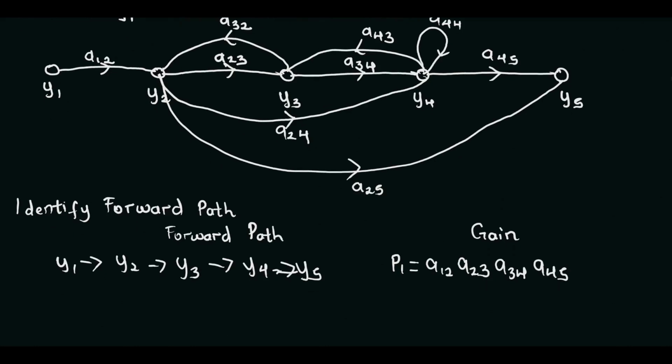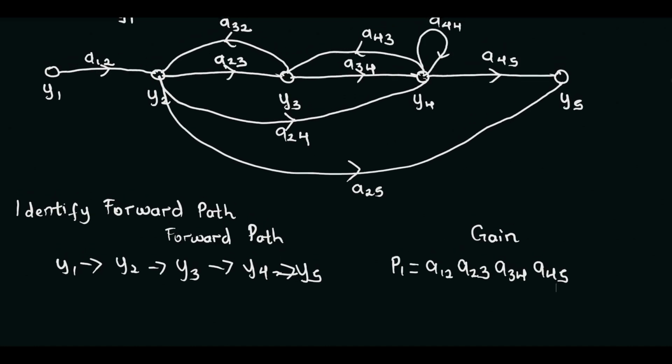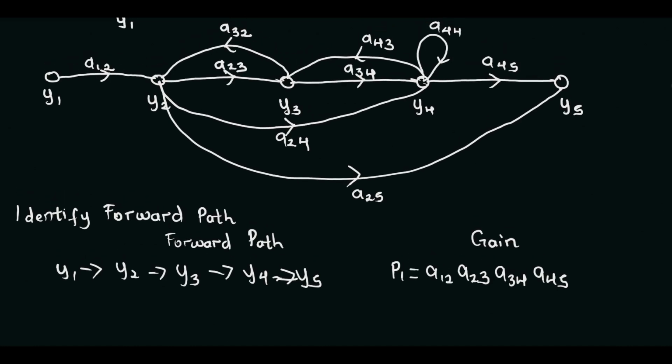And your next path is Y1, Y2, then Y5. So your gain will be A12, A25.